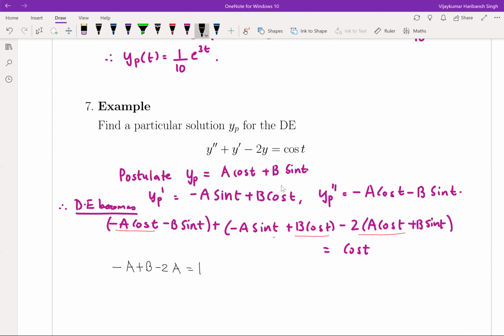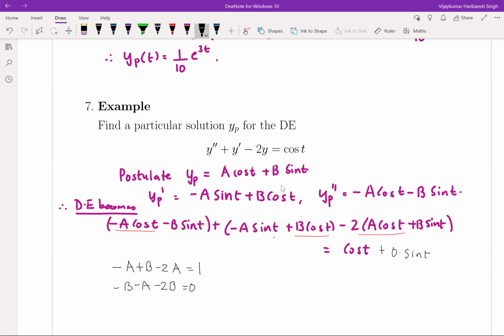Now what about sine? Sine exists in the right-hand side as well, but with zero coefficient. So let's compare the sine terms: minus b minus a minus 2b equals 0. Let's solve these together.